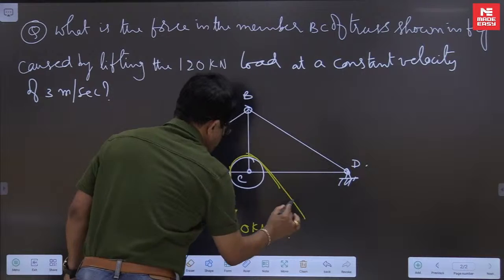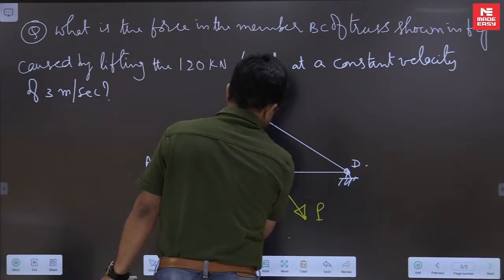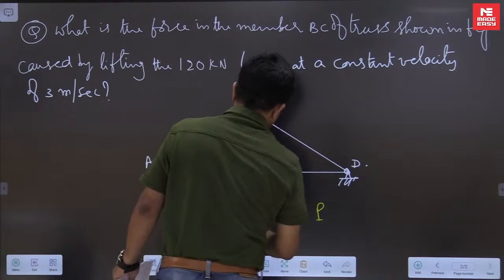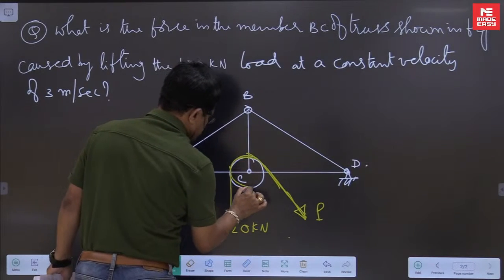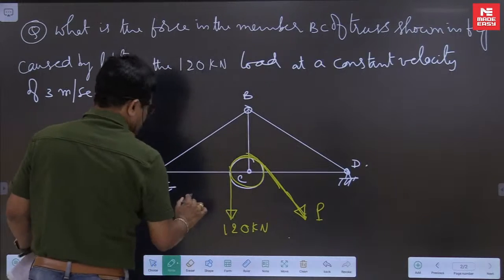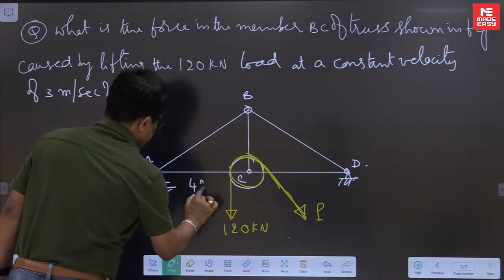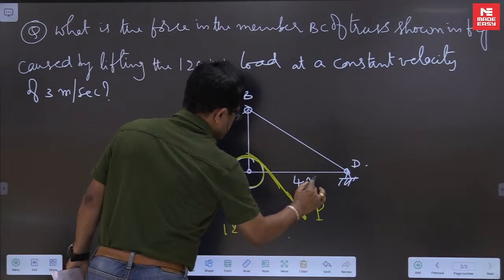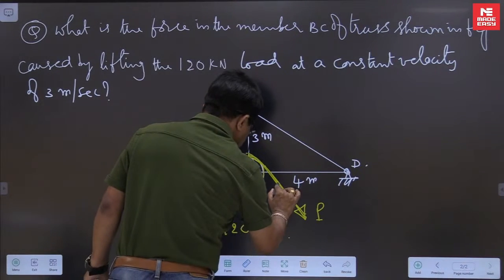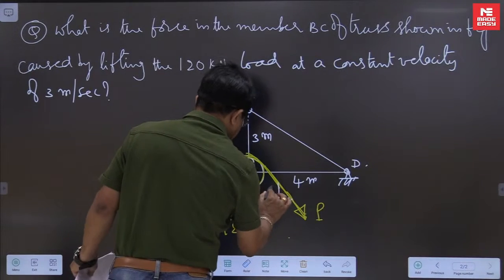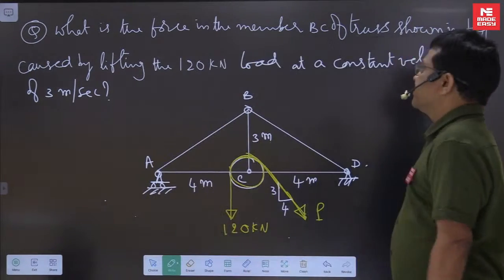A rope is passing through this one and you are pulling with a force P. So this is actually a pulley. These lengths are 4 meters. This is 3 meters. And the slope is also given, slope of this load. This is 3, 4. Okay, this is a problem.